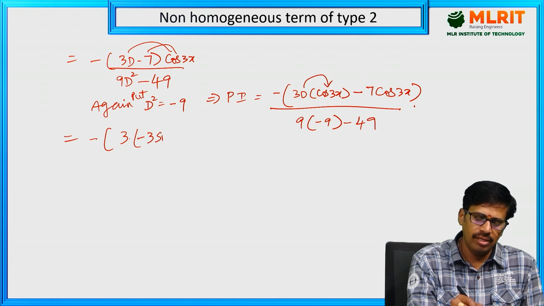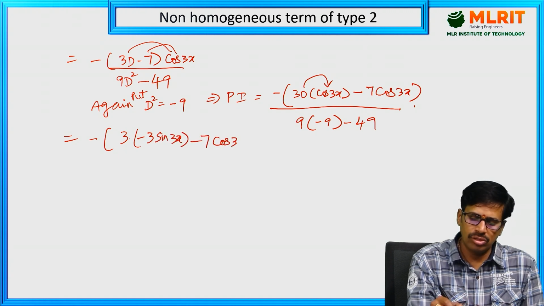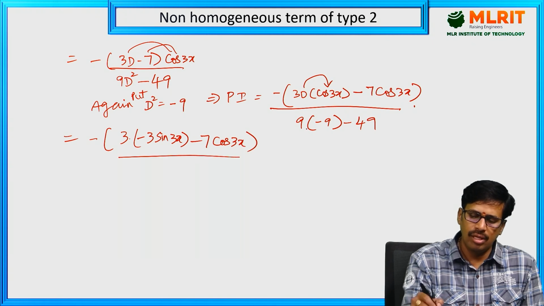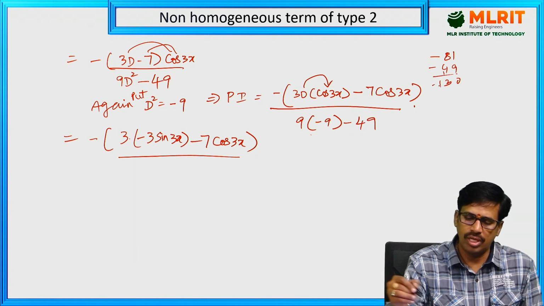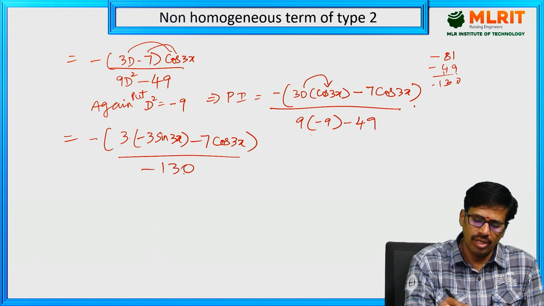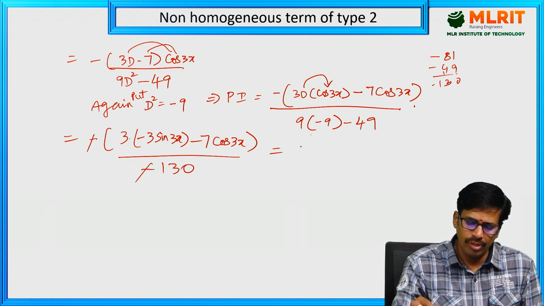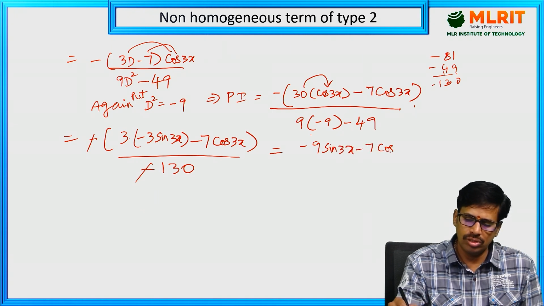Minus 3 sin 3x, isn't it? Minus 7 cos 3x by minus 81 minus 49, that is minus 130. So minus minus cancel. This is equal to minus 9 sin 3x minus 7 cos 3x by 130.